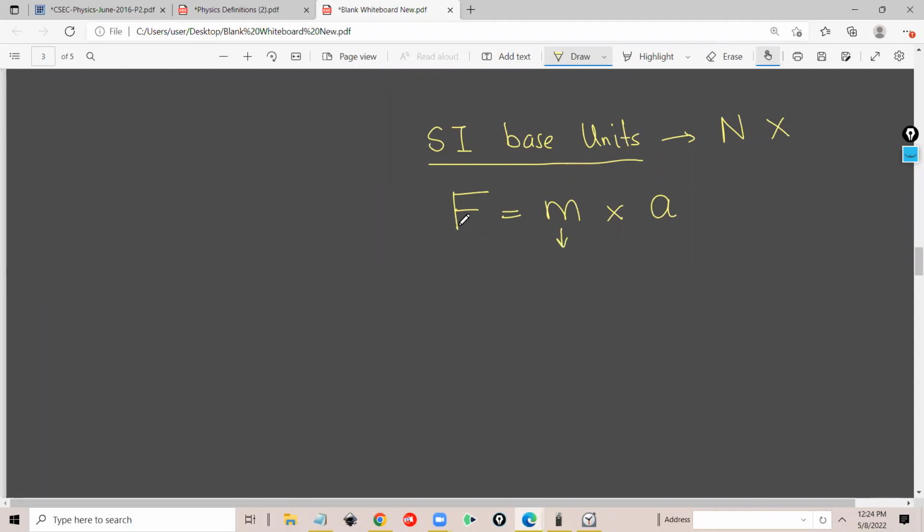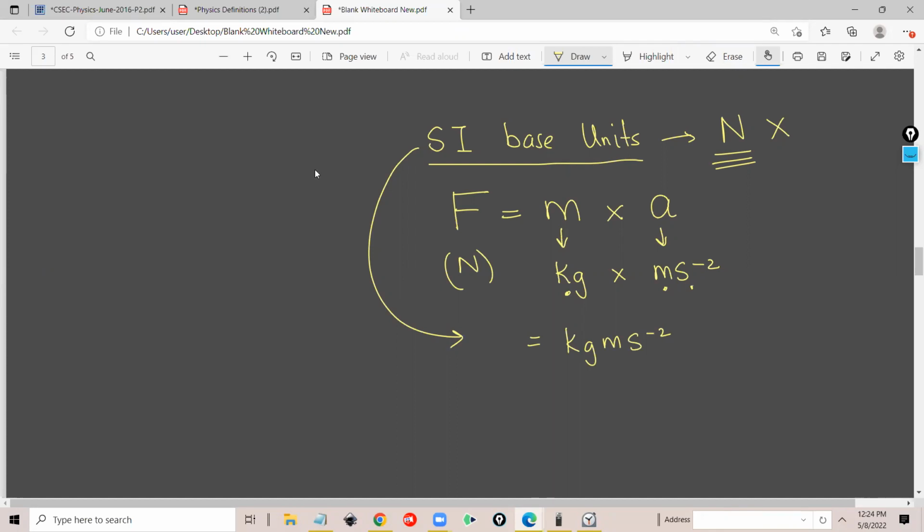So to calculate force, mass is in kilograms, but acceleration is meters per second squared. Now you notice all of these are basic SI units: kilograms, meters, seconds. So if they ask for the SI base units of newtons, you have to put kilograms meters per second squared. But they didn't ask for that. I'm just saying if that comes up in your exam.